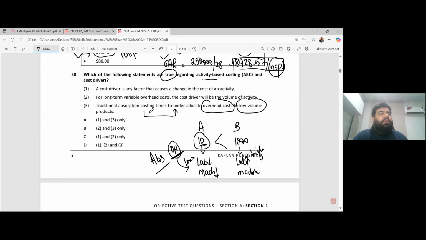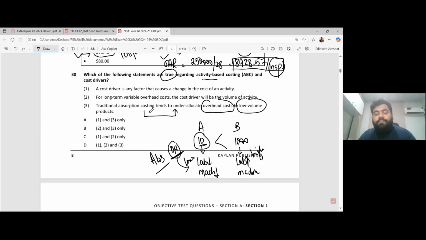ABC sees it. ABC focuses on it: if the base is higher, even when the units are lower. For example, A is making 10 units, B is making 1000 units. But if A has two setups and B has one setup, the setup cost will be divided according to number of setups, not labor hours. But absorption costing under allocates overhead cost to the product with low volume, meaning it assigns less overhead to that product.